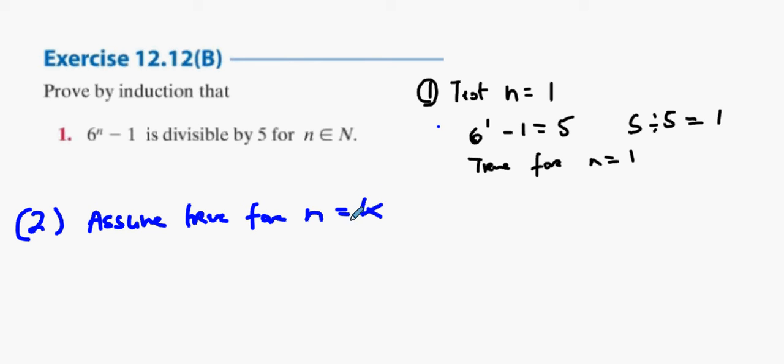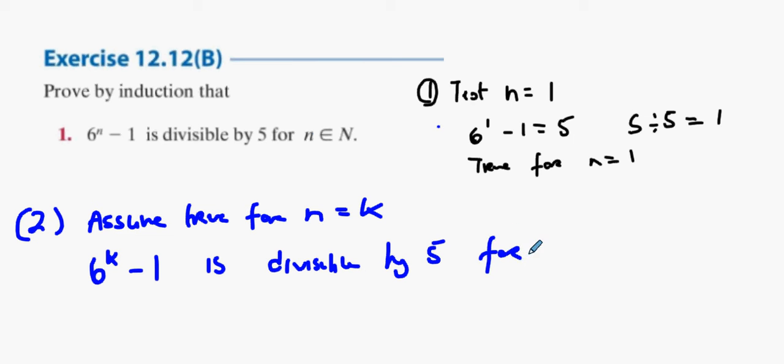It used to be the way we used to show that as divisible, but anyways, we'll do it this way. 6 power k take away 1 is divisible by 5. I'm going to rip off the whole language for k. See why I'm just using the question against itself.